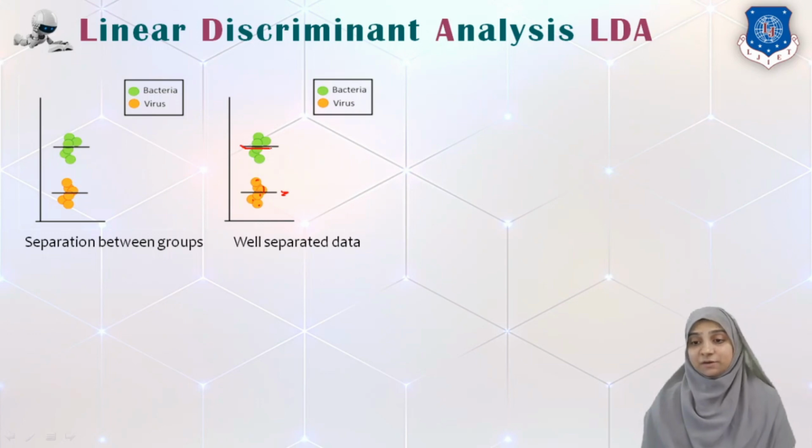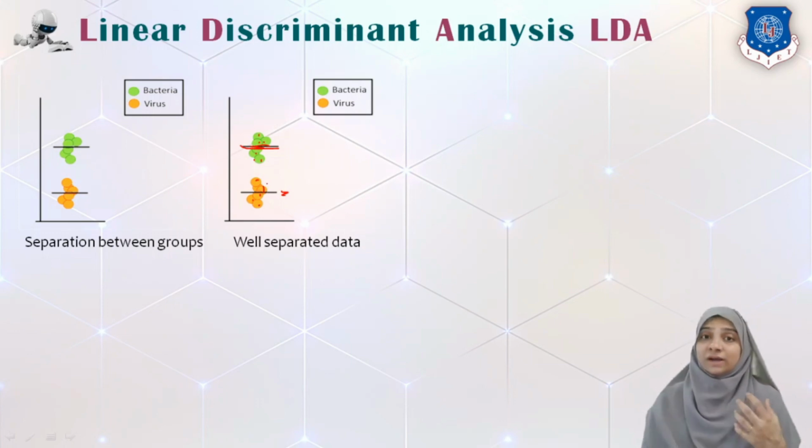Similarly, this is the mean of the bacteria class, that means the mean of all data points which belong to the bacteria class. And you can see all these data points are near to the mean of the same class, that is the bacteria class.